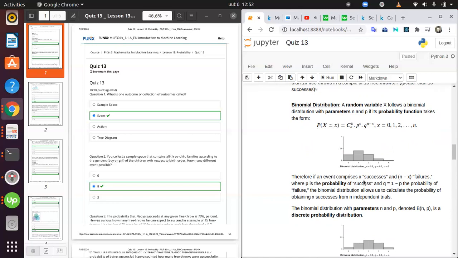If we take an event and it has x successes and n minus x failures, where p is the probability of success and q is the probability of failure, we say that it's a binomial distribution.